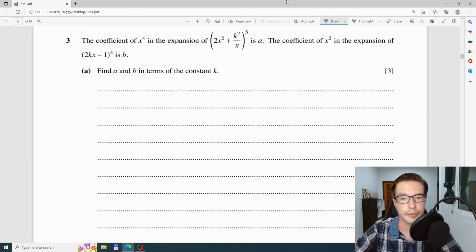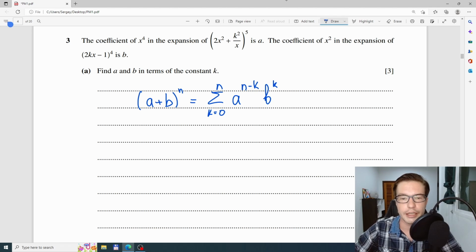Okay, question 3 is about the binomial expansion. And first of all, let's write down the formula. (a plus b) to the power of n equals the sum, k goes from 0 to n, a to the power of n minus k, and then b to the power of k. And let's use this formula for our case.